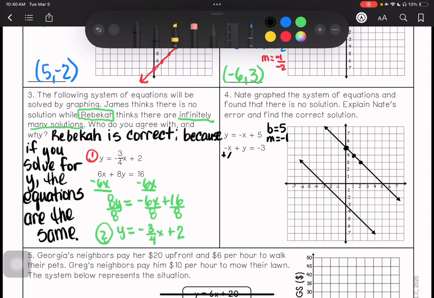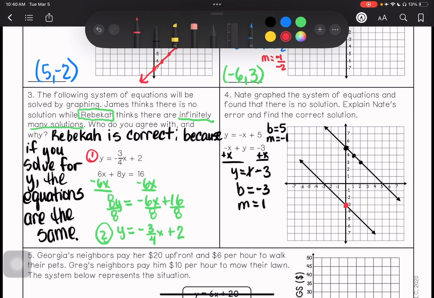The second one, let's add x to both sides and put it in slope-intercept form. And we have y equals x minus 3. So my y-intercept is -3, and my slope is 1. So with a y-intercept of -3, he has that part correct.